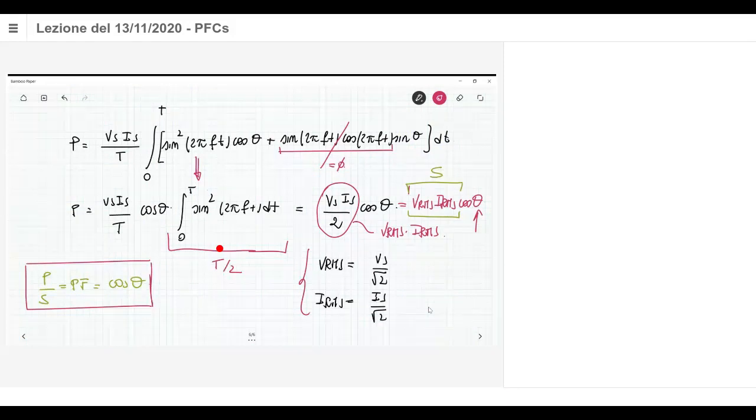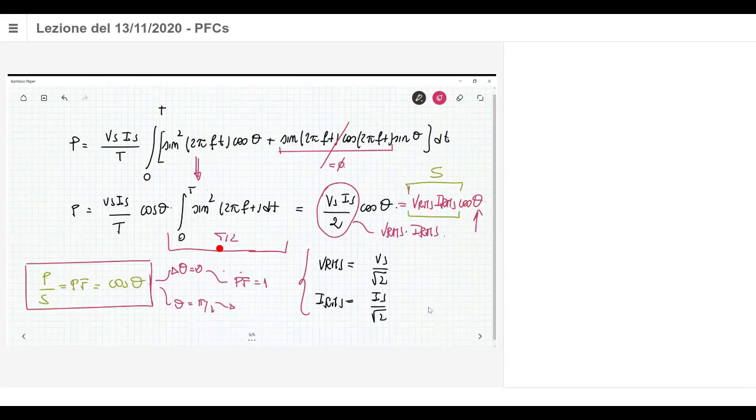What happens if theta is 0? The power factor is 1. If theta is, I don't know, π divided by 2, then the power factor is null.